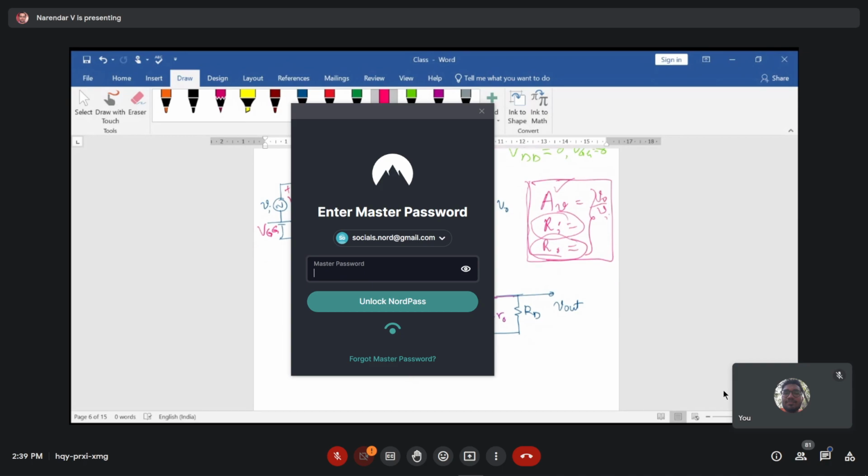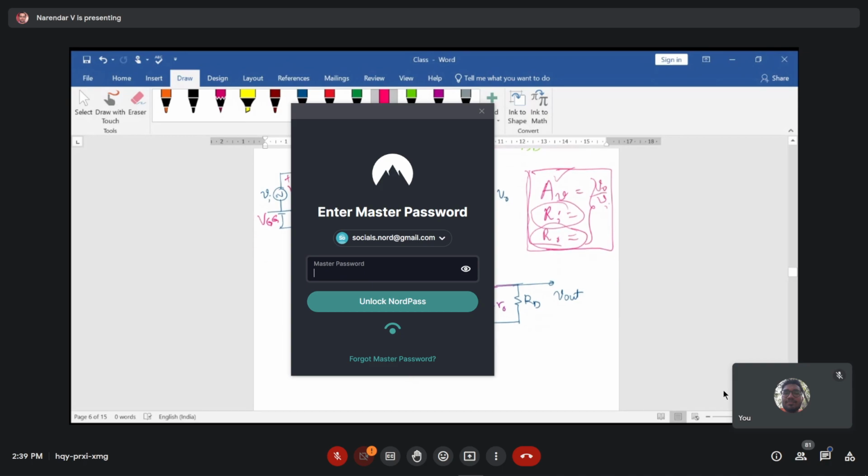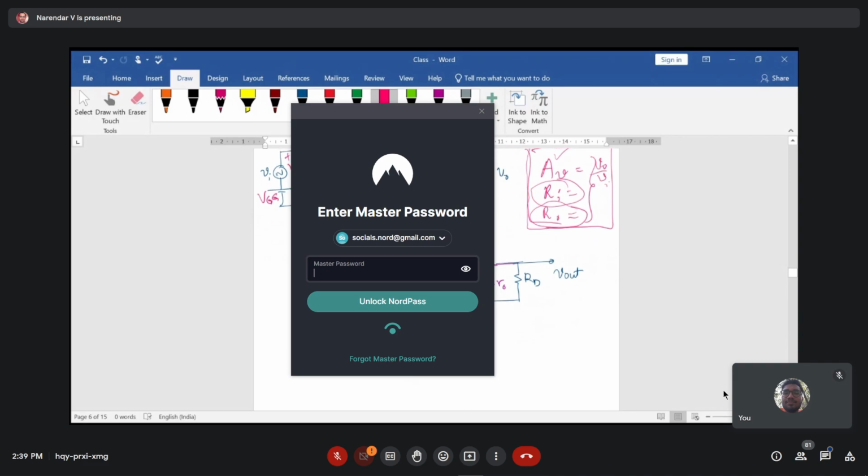Okay, the first parameter is the gain of the amplifier, which is Vout by Vinput. Let's calculate the value of the gain first. So how do we calculate the gain? Now, when the current is coming in this direction, here you have the gm and VGS, and these two resistors are connected in parallel. You can consider these two as a single equivalent resistance, R0 parallel with RD.